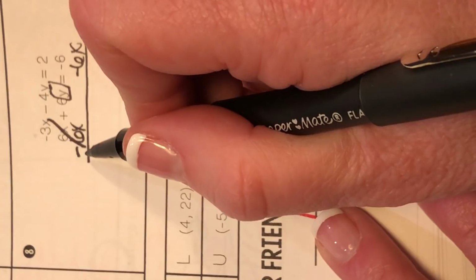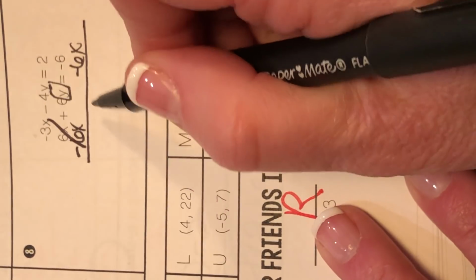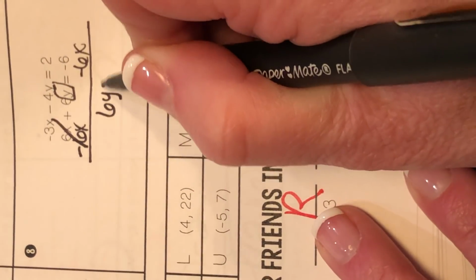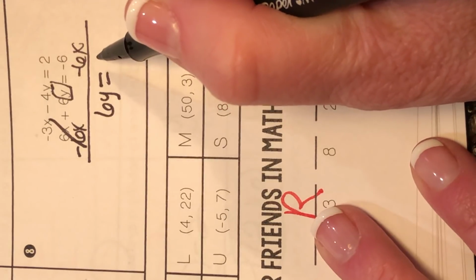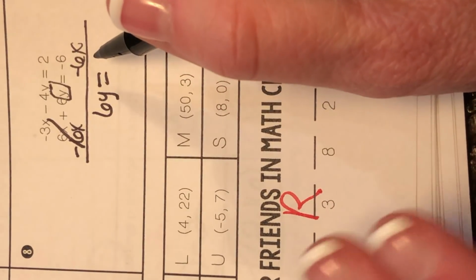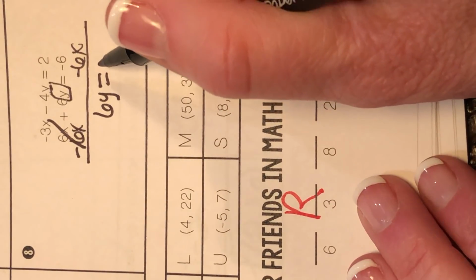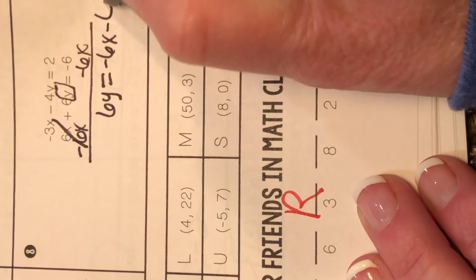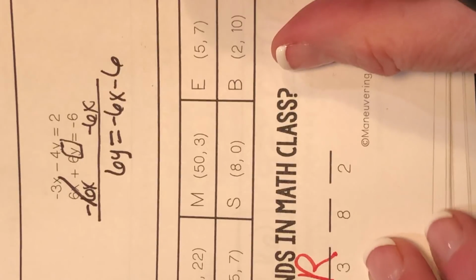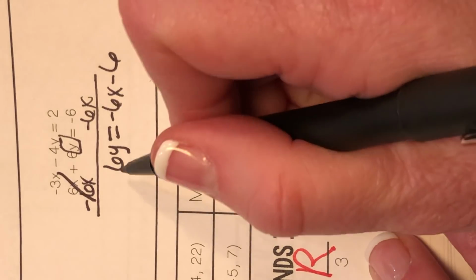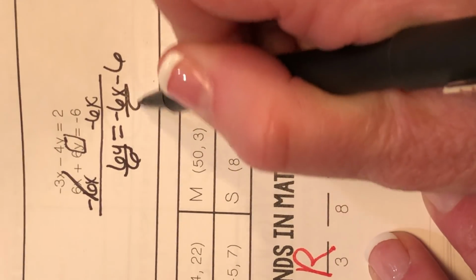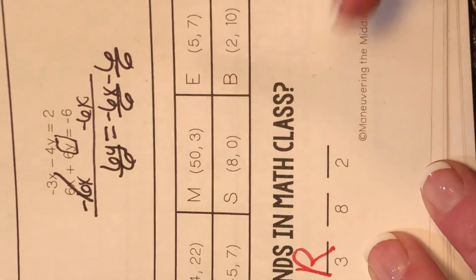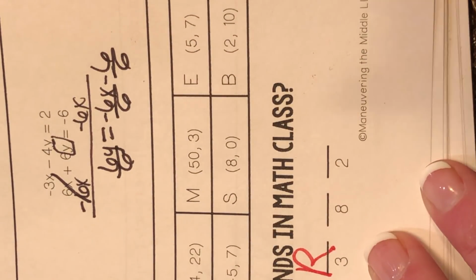When we do that, the 6x is gone on the left, and that leaves us with positive 6y equals, and I'm going to put this in order so that it already is in slope-intercept form, y equals mx plus b. So 6y is equal to negative 6x minus 6. And then the only thing I still need to do is divide by 6 so that I can get y by itself. And when I do that, all of those 6s are going to be 1s or negative 1s.